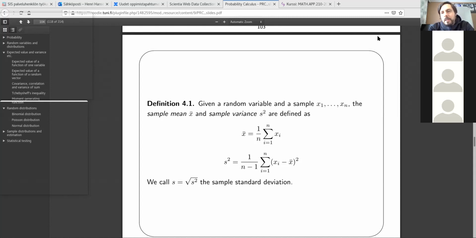The sample mean, on the other hand, is the real life version that should be, if our model is correct, pretty close to the expected value, but of course it's a random occurrence in any case.